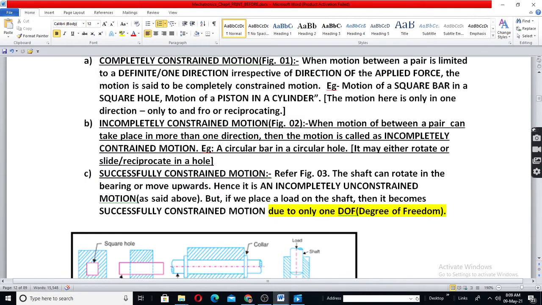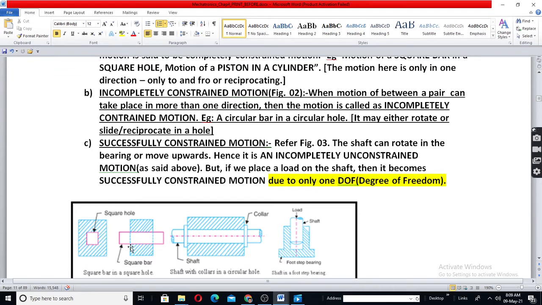But successfully constrained motion means it can be incomplete, but if you put some extra load, it will become complete, successfully constrained.